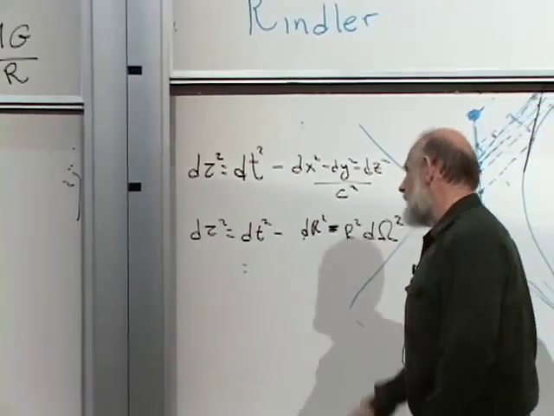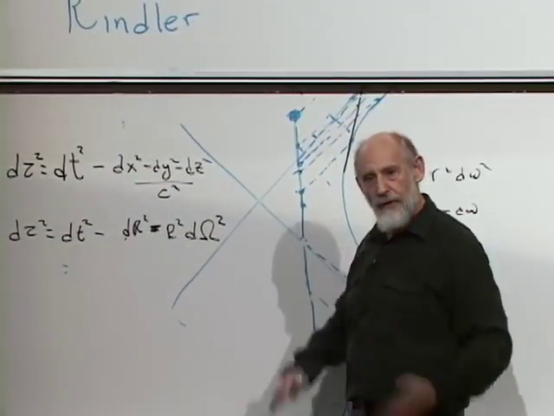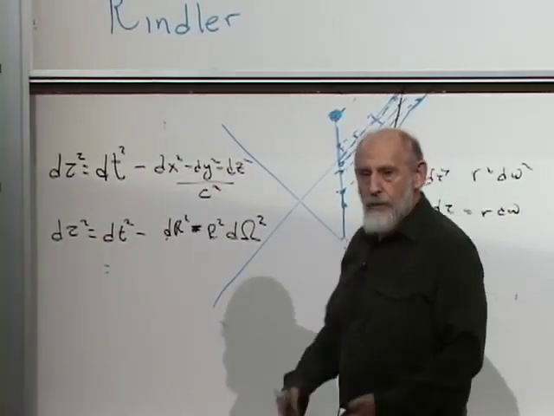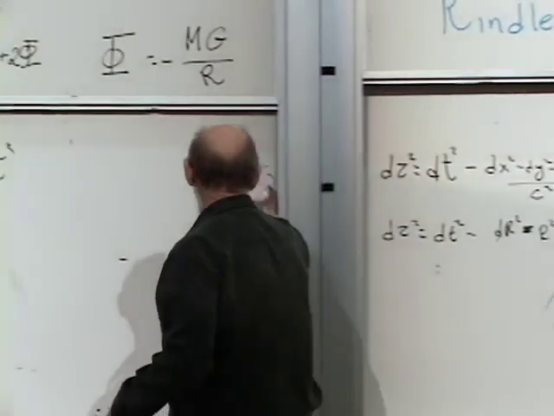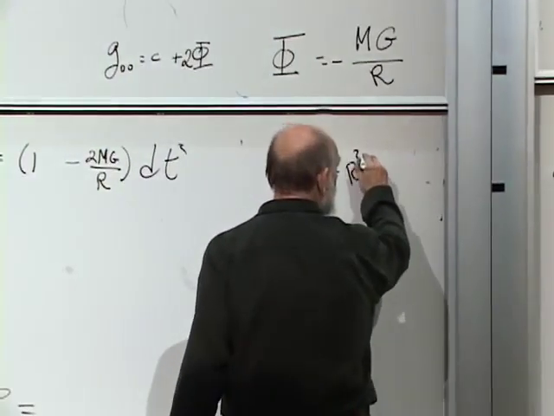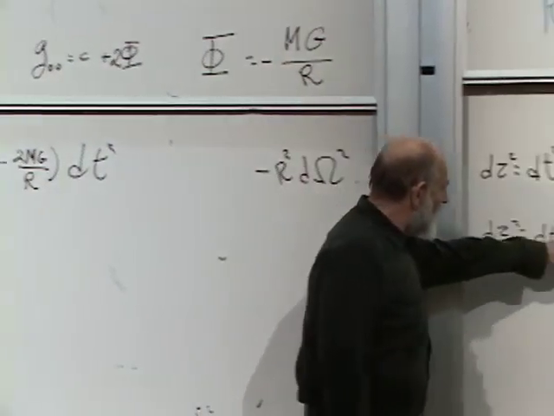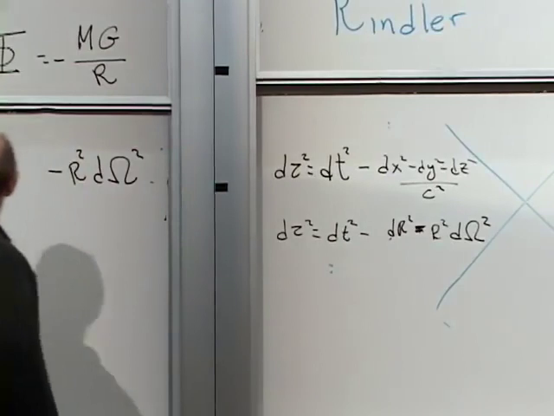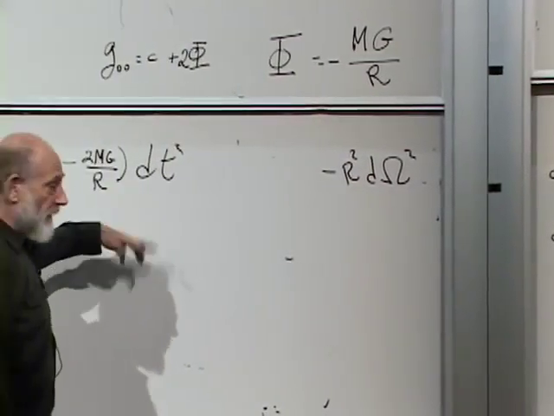This term here is unaffected. This is the angular part on the sphere. It turns out, when you work out the equations, there's no effect on it, just exactly the same. So minus r squared d omega squared. And this term is also slightly affected in a manner similar to this one. This is the hard part.